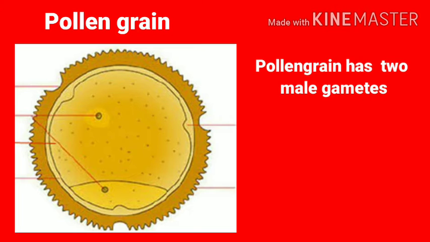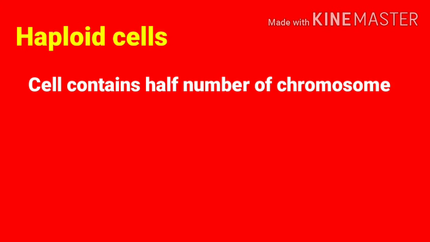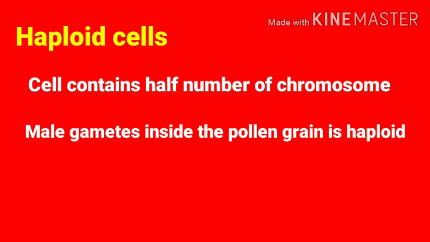These two cells have half the number of chromosomes. Such cells are called haploid cells. You know what a haploid cell is, right? A cell with half the number of chromosomes is called a haploid cell. So the male gamete inside the pollen grain is a haploid cell.